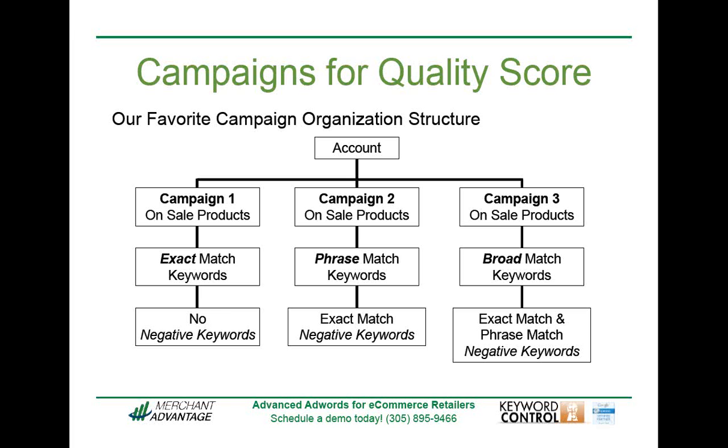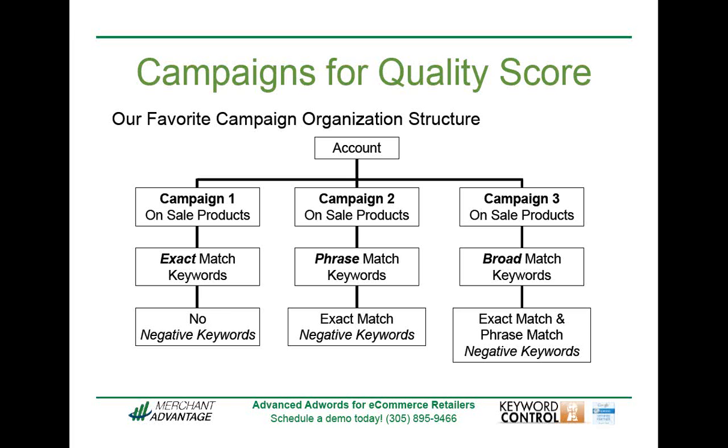We're putting phrase match in the middle. And one of the things that we've used extensively and really like, and we've seen that this is becoming the standard right now, is to use negative keywords of an opposing match type to make sure that the keywords within a campaign are selecting for the correct match type.